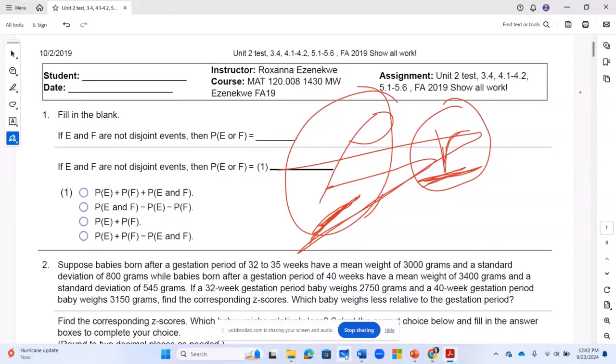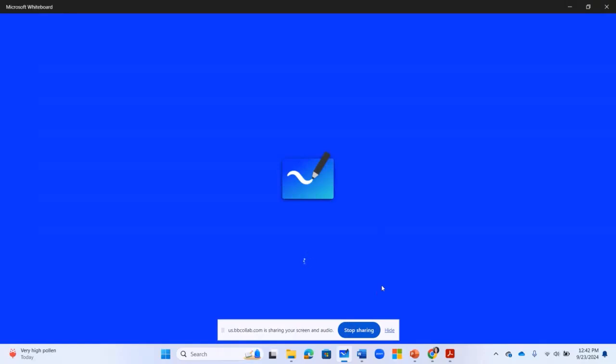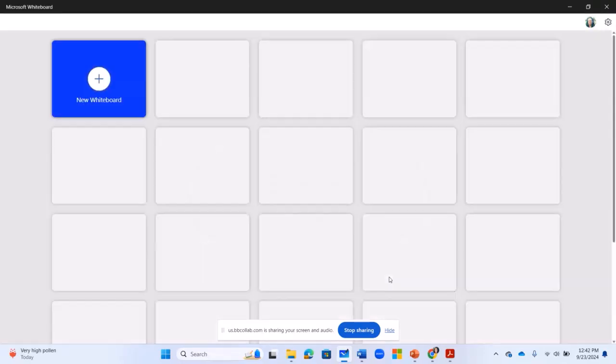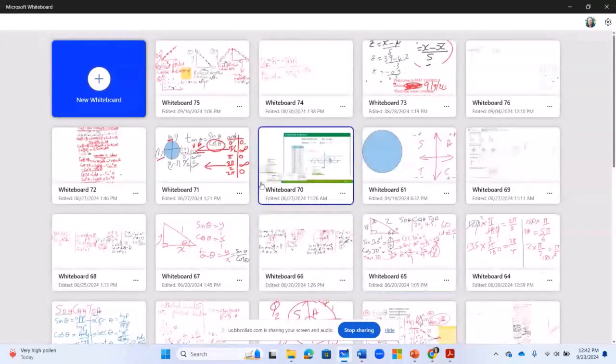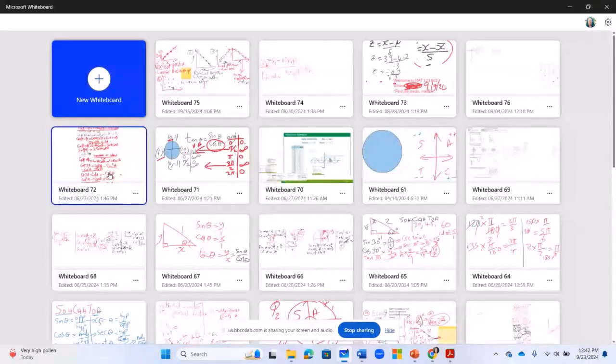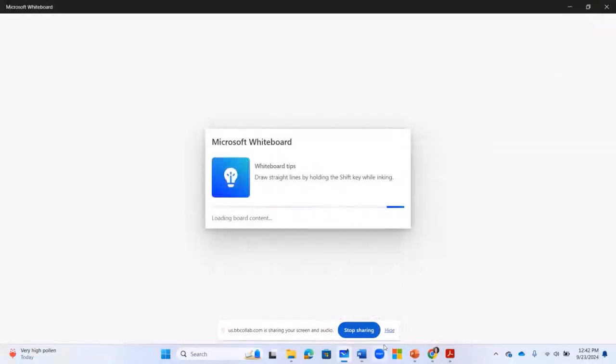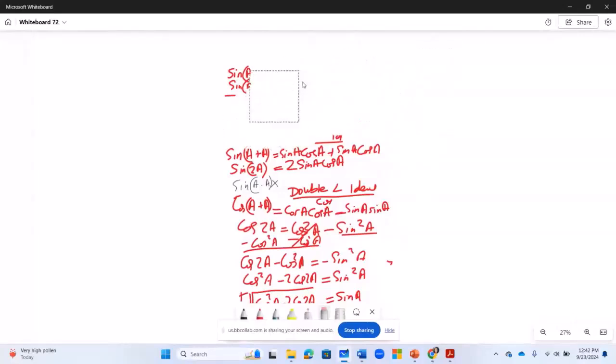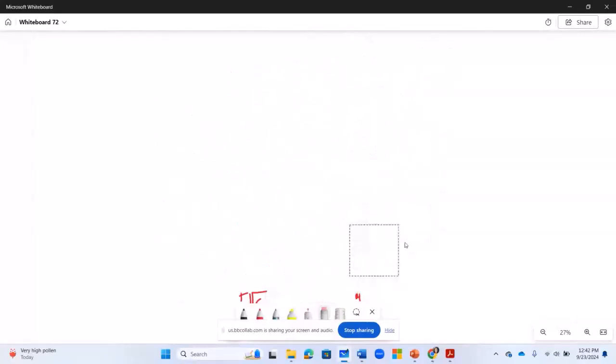I'll go and do something else I used to do. Get my whiteboard and see how that one goes. Let's get to the whiteboard, and I'm going to clean the whiteboard. Hopefully, the whiteboard is going to work today.